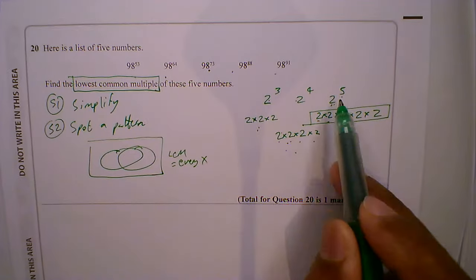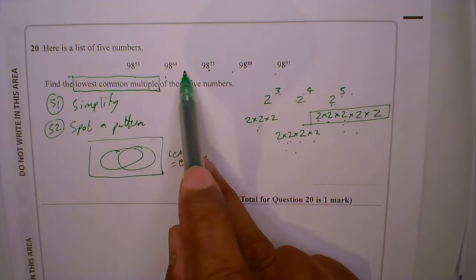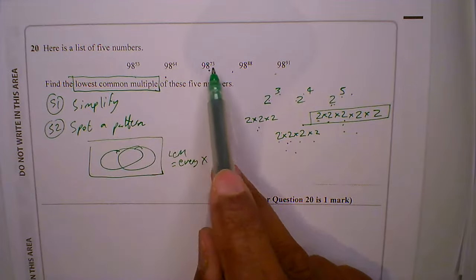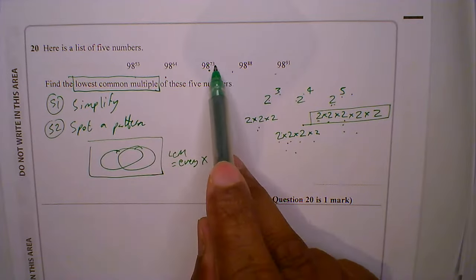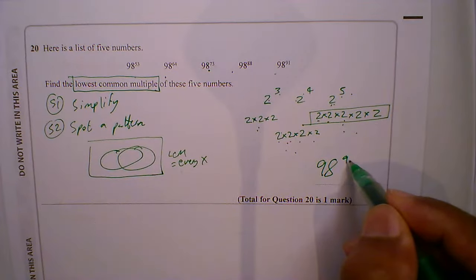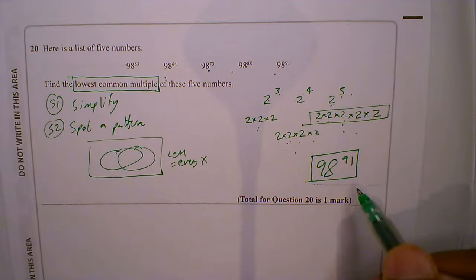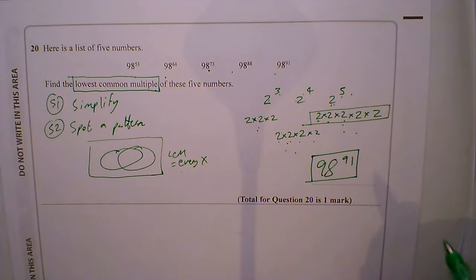Because they're all the same base, I just look for the biggest power. So that means my LCM of all of these is the one with the biggest power. So 98 to the power 91. All right, so it's actually quite simple. It looks really hard and complicated, but it's quite simple.